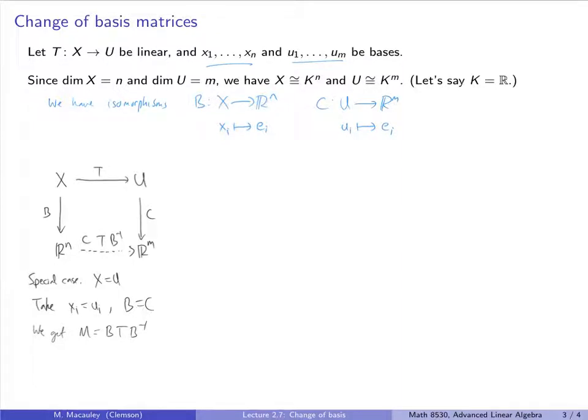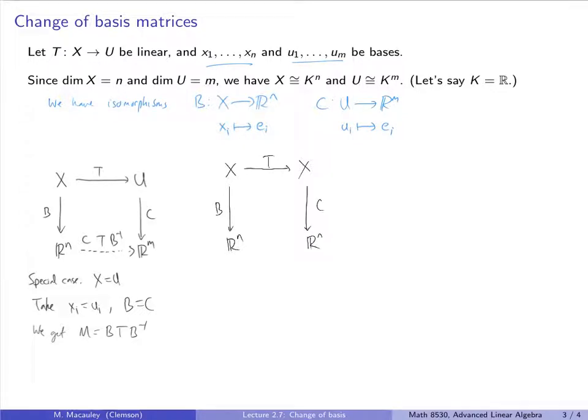So let's continue this example, but let's assume that X and U are the same. I'm going to redraw this diagram to the right. So T goes from X to X. B goes from X to Rn.